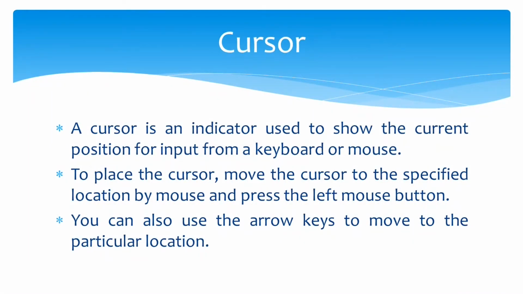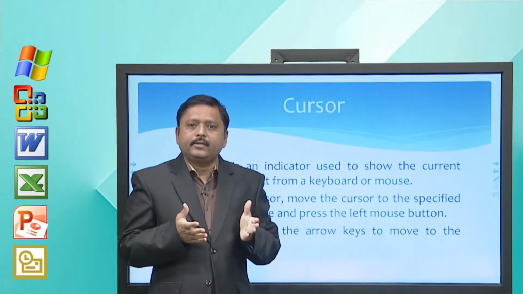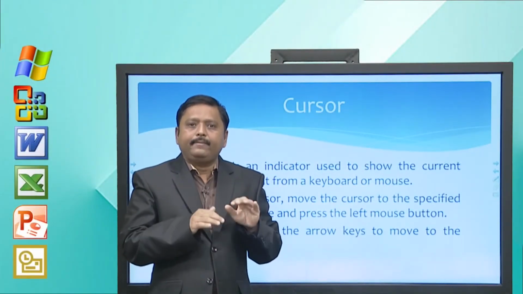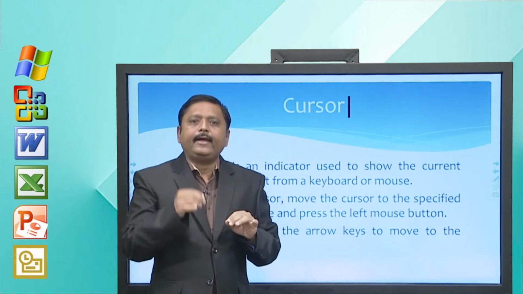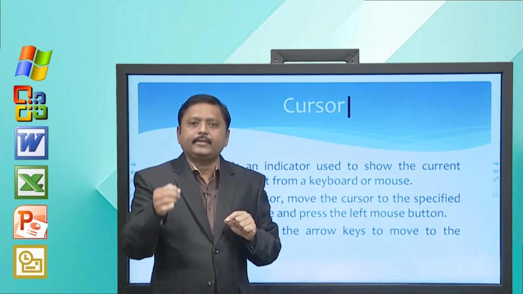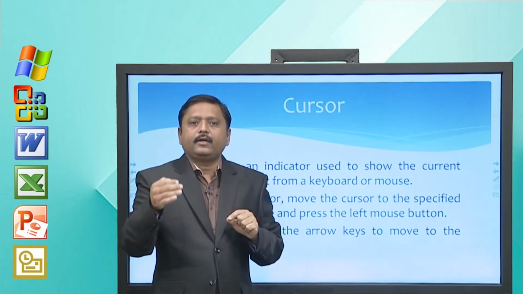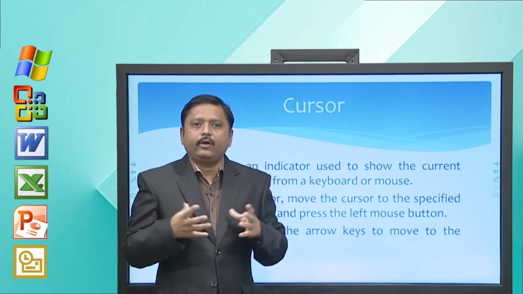Now, another thing, the cursor. The cursor is an indicator used to show the current position for input from the keyboard or mouse. There is an editing area we have already discussed. Now, when I type text from the keyboard, where is it inserted? It is inserted at the cursor position. Now, how does the cursor look?